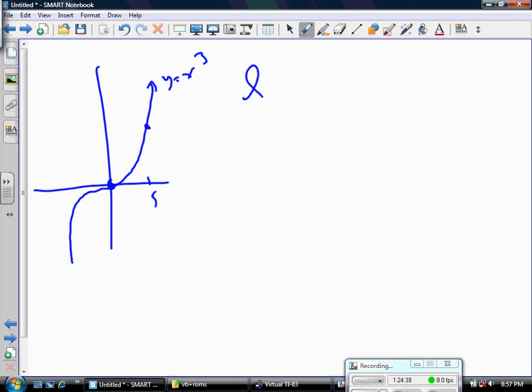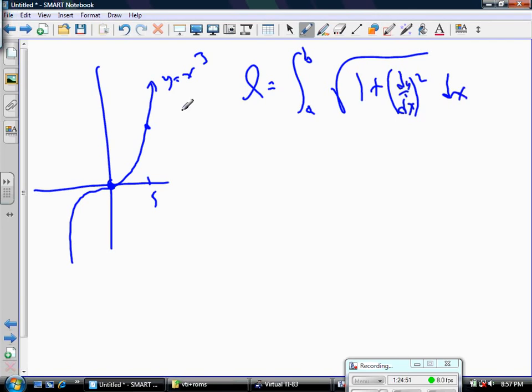Now remember the formula. The length is the integral from a to b of the square root of 1 plus the derivative squared, derivative with respect to x, dx, right? All right, y is x cubed. What's dy/dx? 3x squared. But I don't want dy/dx, I want (dy/dx) squared.